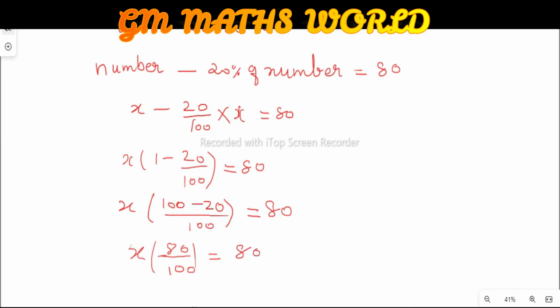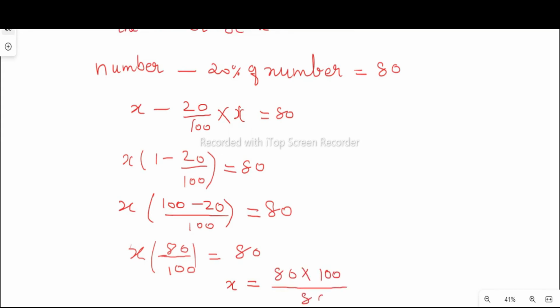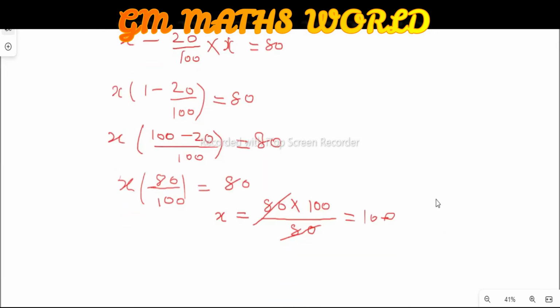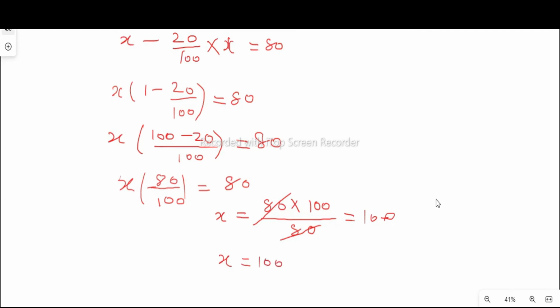Now 80 by 100 is taken to the right hand side, it will become the reciprocal as 100 by 80. Now 80 in 80, one time, 80 will get cancelled and the remaining will be 100. Therefore x is 100. Now we have seen that if 100 is decreased by 20% of it, then it will be 80.